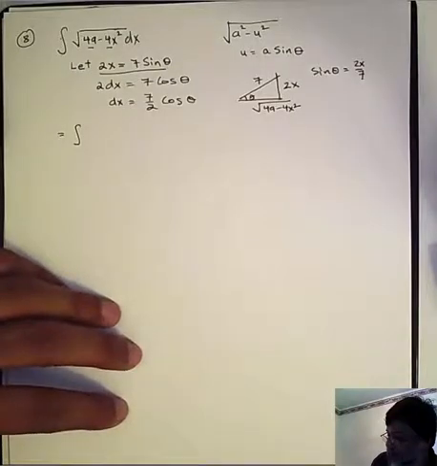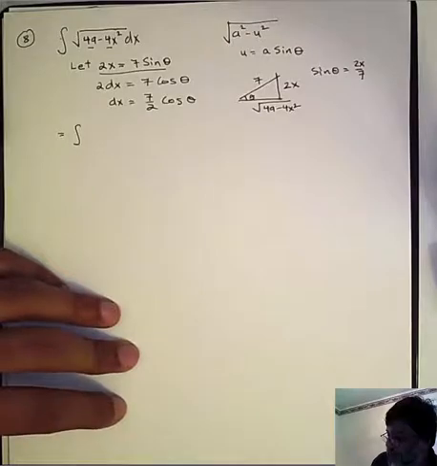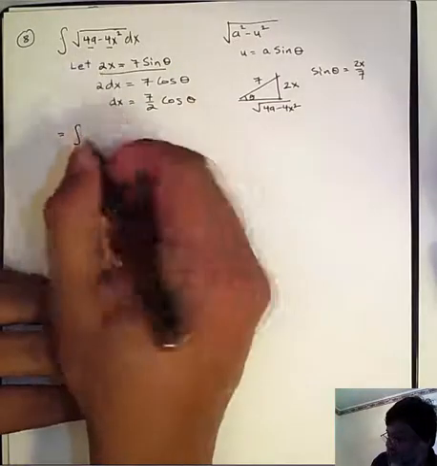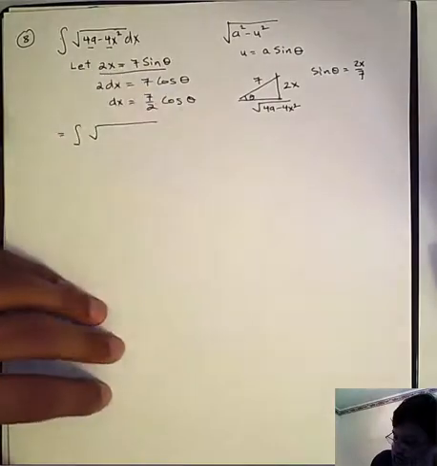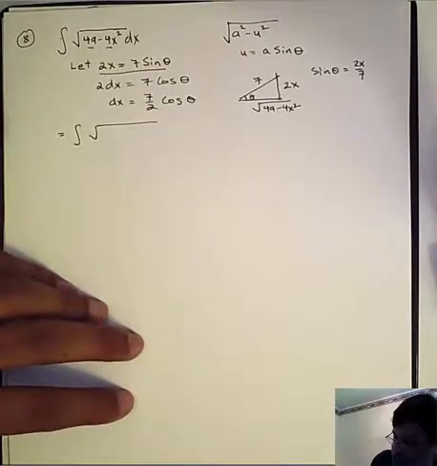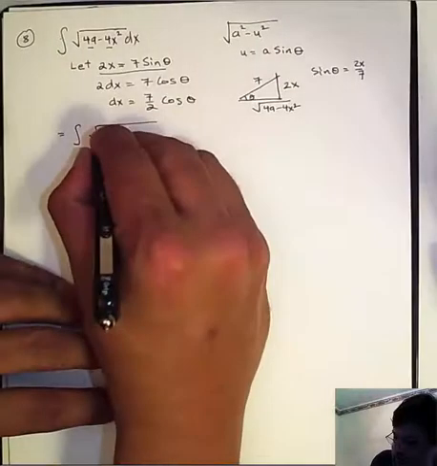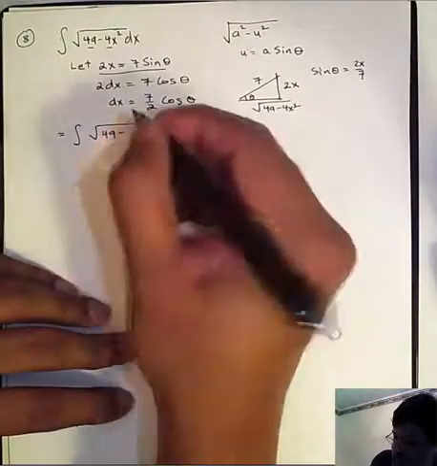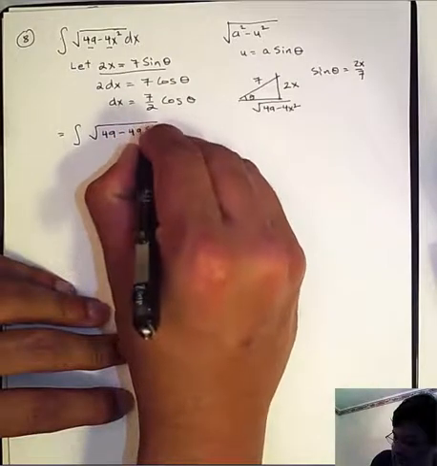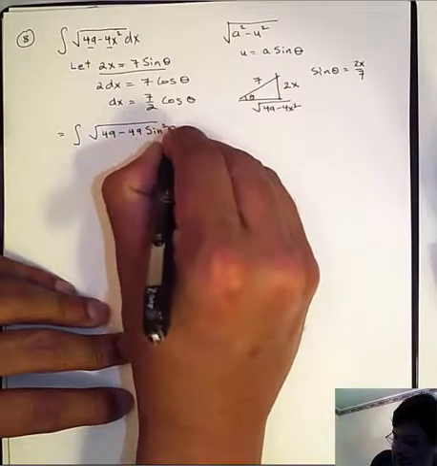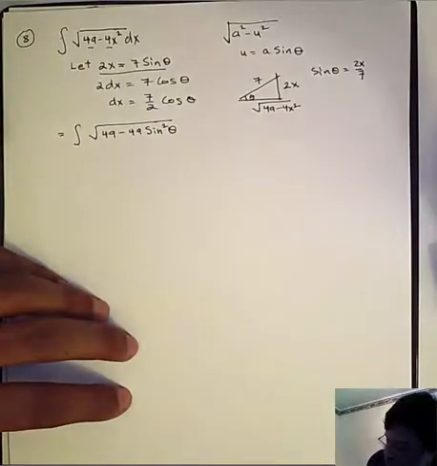All right, so let's go ahead and replace what we can replace and see what we have. We made 2x into 7 sine theta, so this is going to be 49 minus 49 sine squared theta from our assumption.